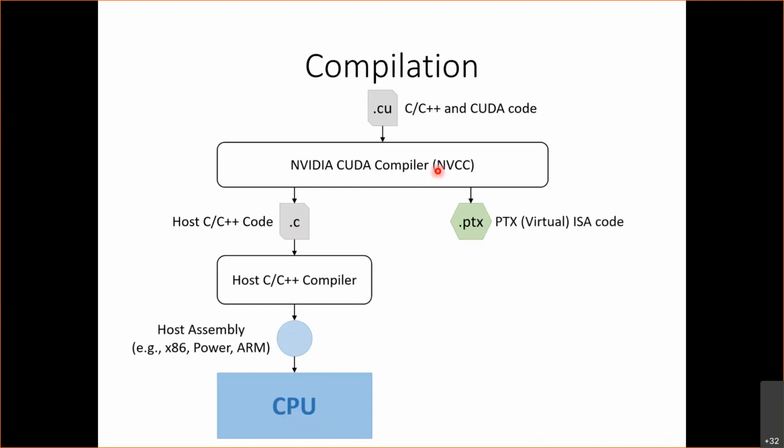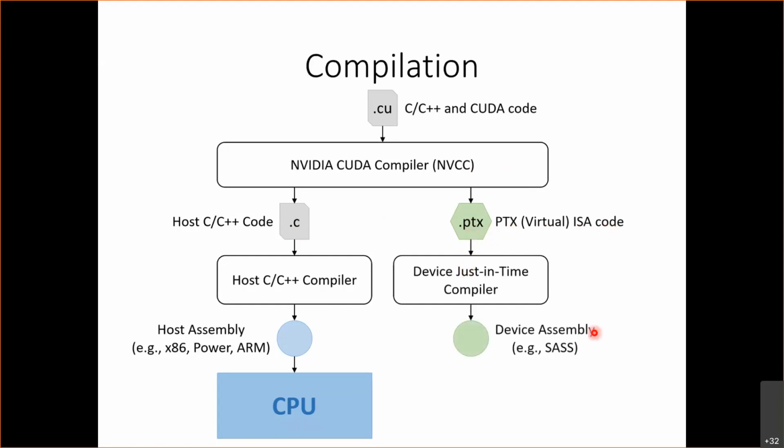So it's going to separate out the CUDA code that's meant to run on the GPU, and it's going to compile it down to something called PTX, which is a virtual ISA. Okay, and then there's a just-in-time compiler that will take this PTX and compile it down to the device assembly language, for example, SASS. Okay, and this happens when I run my program.